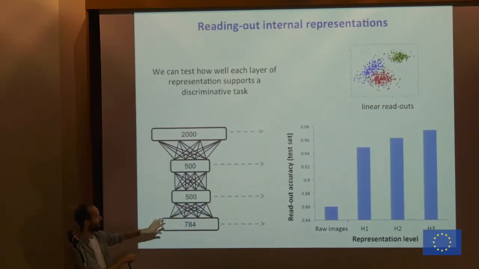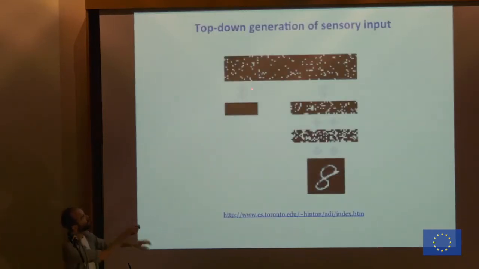So we have input images of digits. We have 3 layers of unsupervised discovery of representations. But then we also stack some supervised information in the deepest layer. This is the 2000 units layer, and we jointly train this Boltzmann machine by also adding some label information in the visible layer.